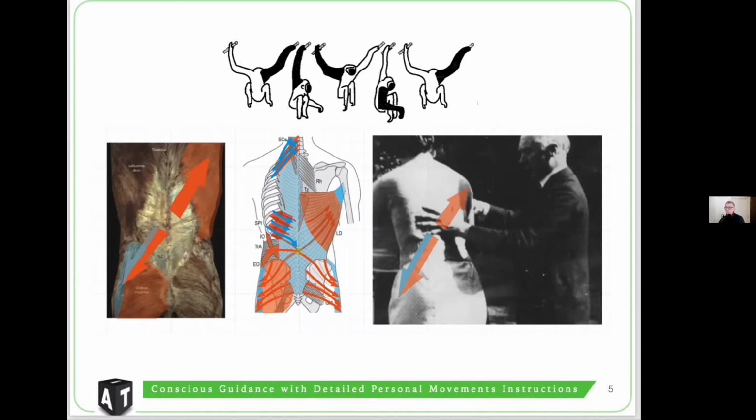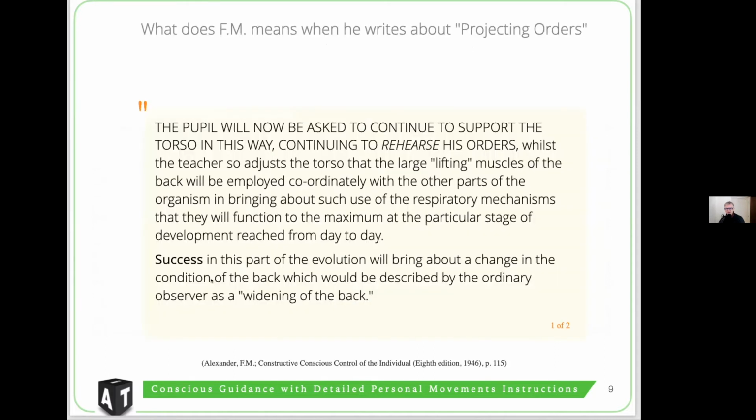So, does supporting the central axis make any sense in bringing the use of the respiratory mechanism that we want, instead of having the lower rib cage expanded forward with a protruding abdomen? We see that it's possible to oppose the movement of the back to the movement of the limbs, and in such a way, supporting the torso with the arm means expanding the torso with the arm.